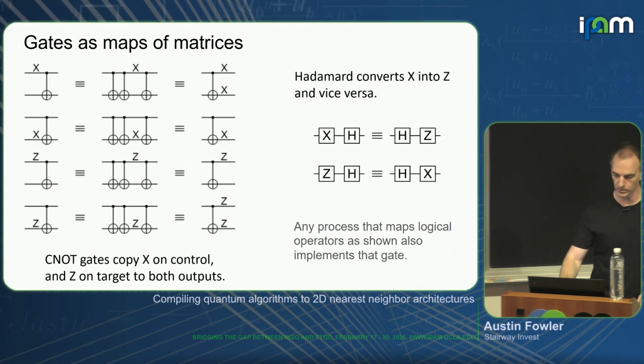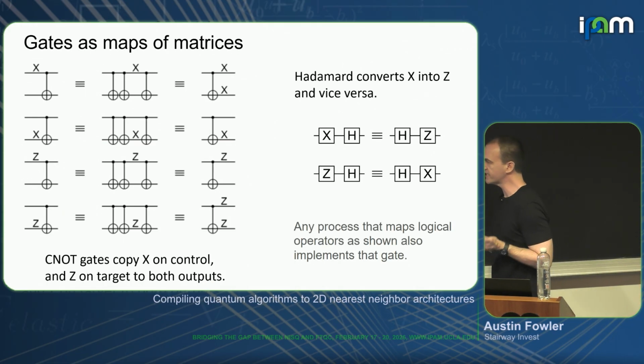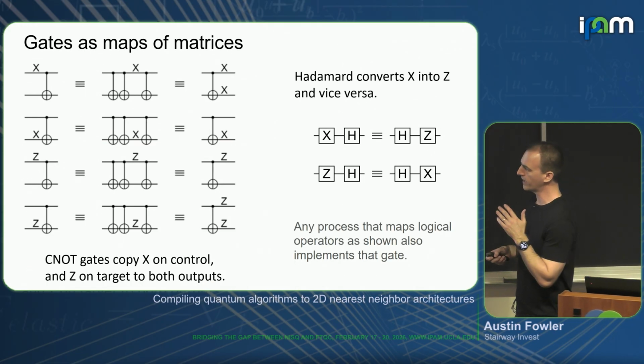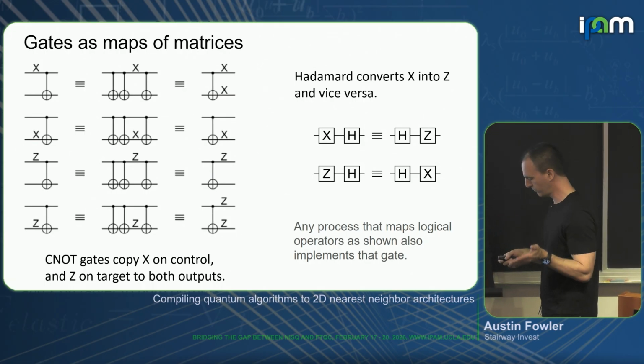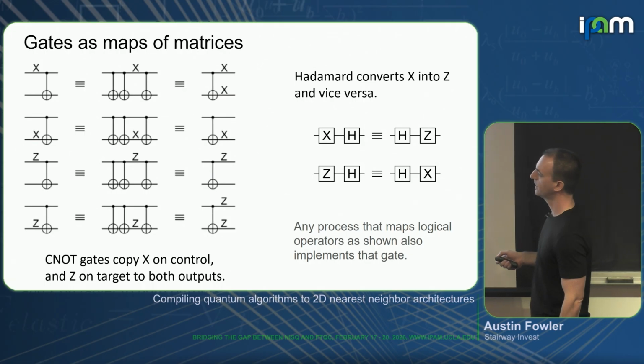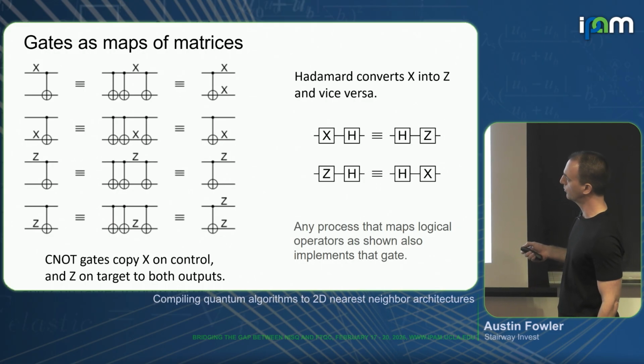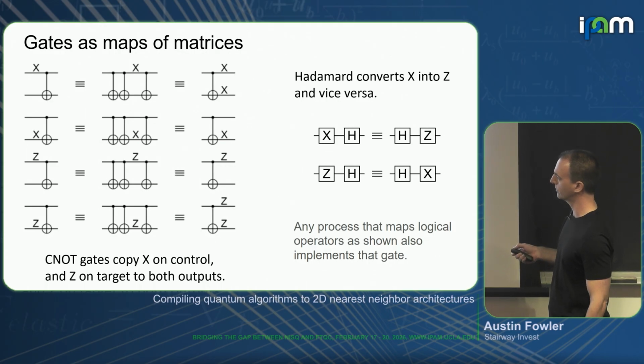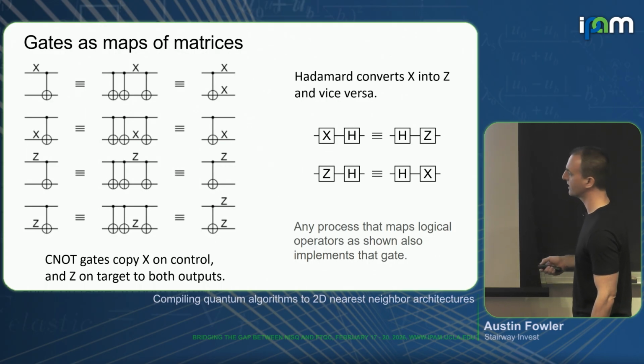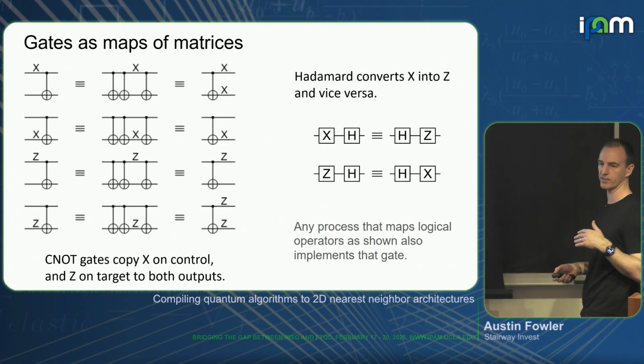All right, so let's now extend that idea of operators in, operators out to our favorite two-qubit gate, the CNOT gate. If you haven't seen this before, I wish you had, but the very basics: X on control goes to both, X on target goes straight through, and these relationships define what a CNOT gate is.